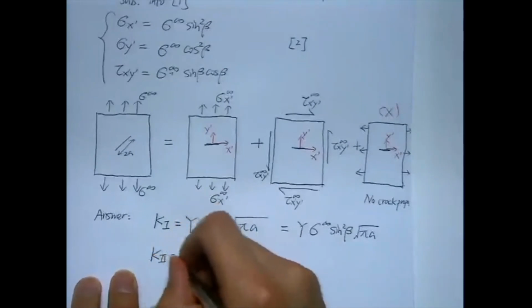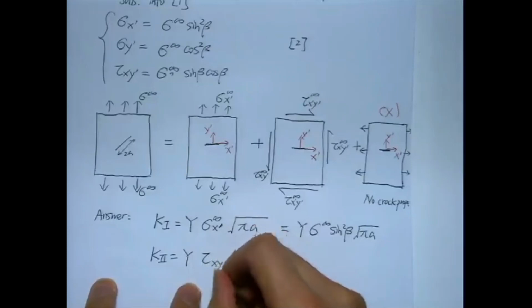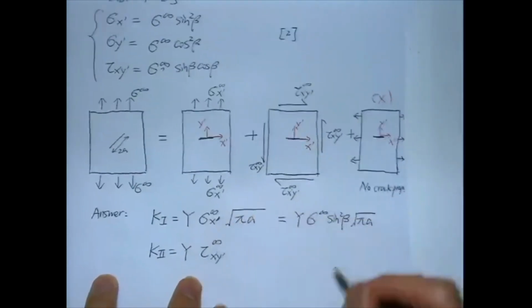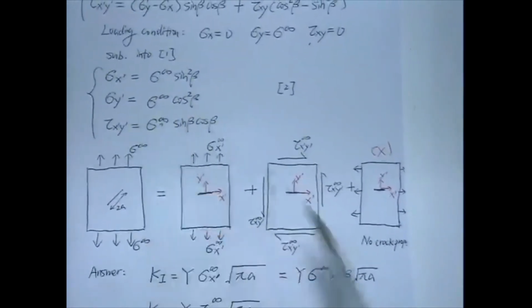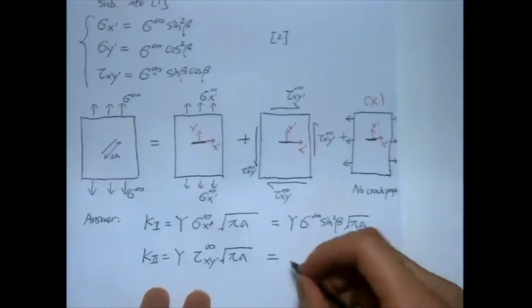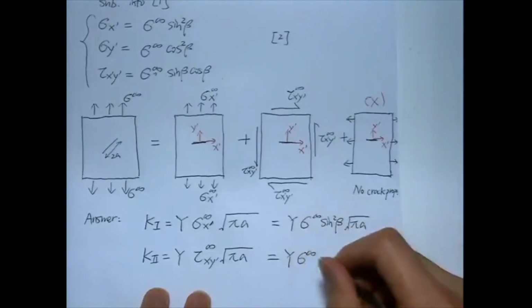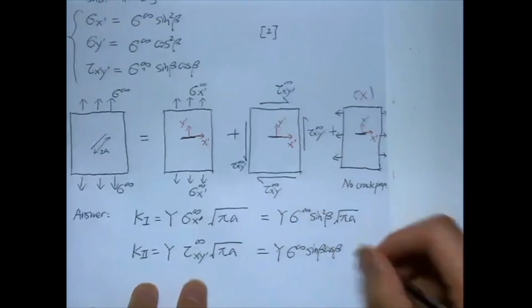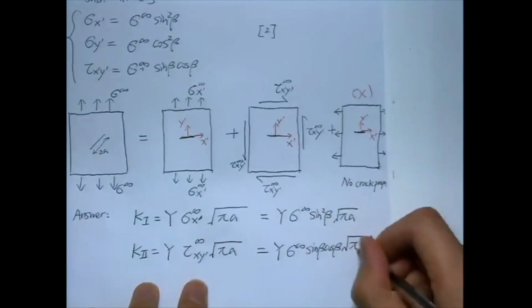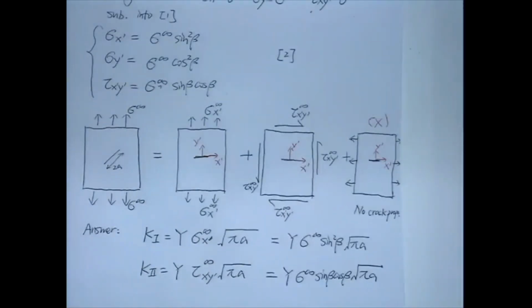K2 is Y tau x prime y prime remote stress root pi a. Similarly, you already worked out that term, so you plug that in: sine beta, cosine beta, root pi a. That gives you the answer.